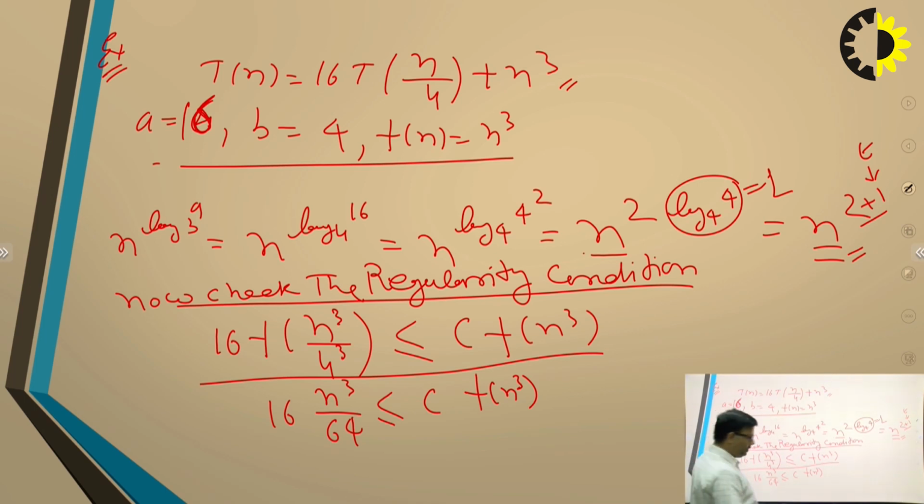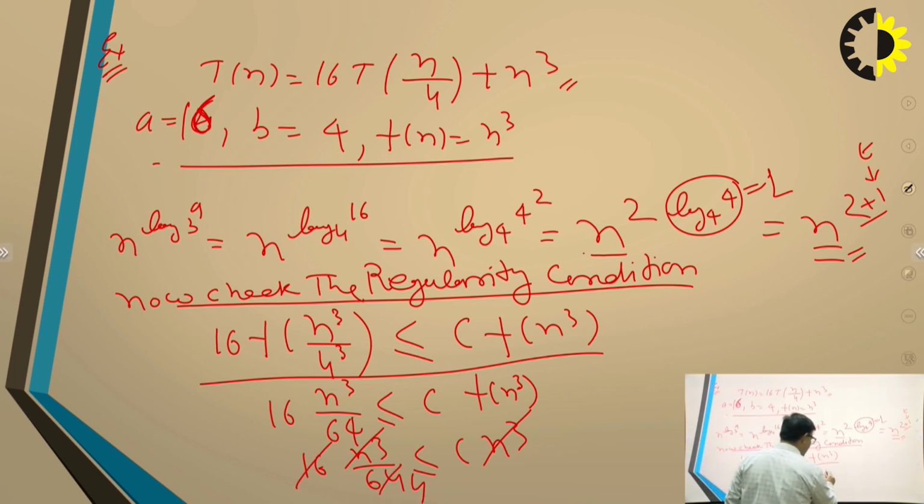Okay, so here again 16 n cube by 64 is less than or equal to c n cube. n cube cancels, then we get 1 by 4. Then what is c?